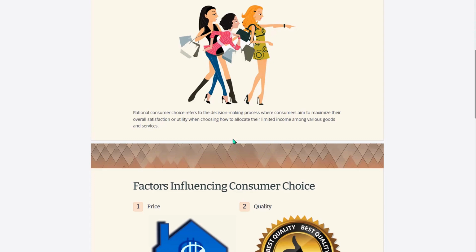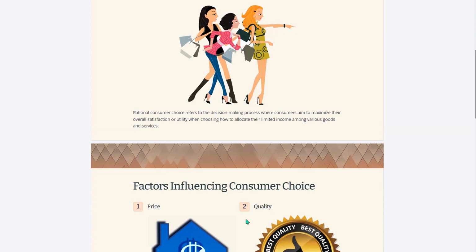Now, the question is, what influences my choices? You can see price and quantity are two factors. Are there any other factors that will influence your choice? Price, quality. Factors like income: how much income you have will affect consumer choice. Substitutes: if there are substitutes, that may also.